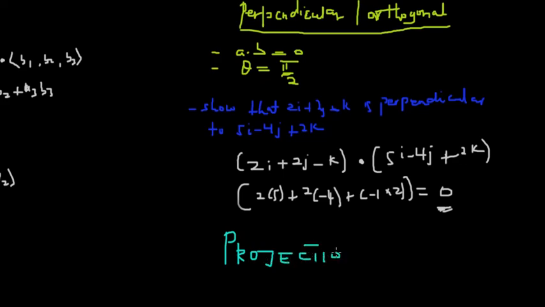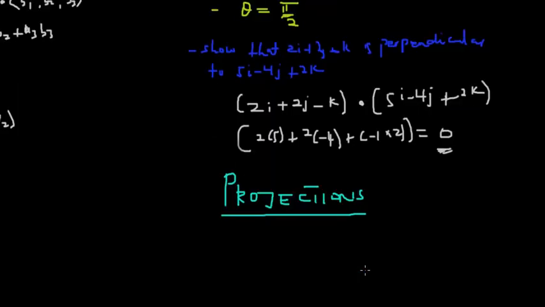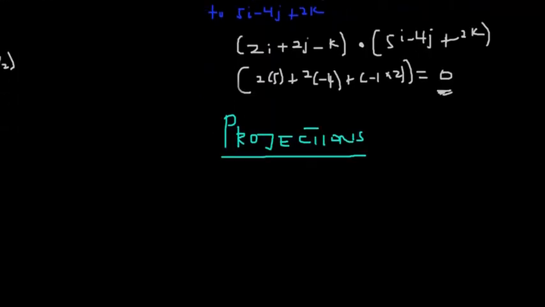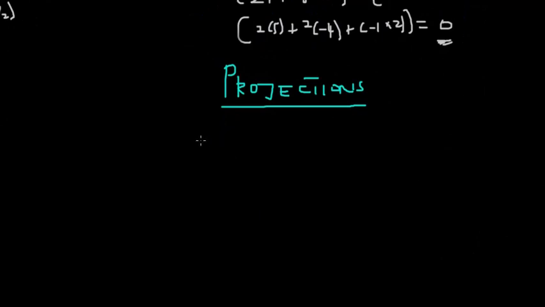So let's say we have vector A and then vector B, and you are trying to project one vector onto the other vector. For vector projections, there are only two formulas you need to know. So just keep those formulas and then you are good to go. So the first formula is for scalar projections, and then the second one is for vector projections.